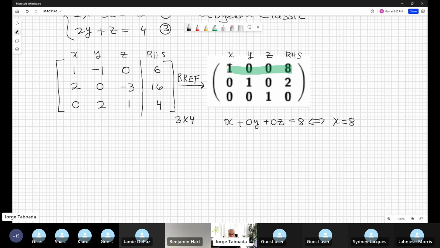Likewise, x is equal to 8, y is equal to 2, and z is equal to 0. 0 is a number. Therefore, you have a unique solution, and this unique solution occurs at the ordered triple (8, 2, 0). End of the story.